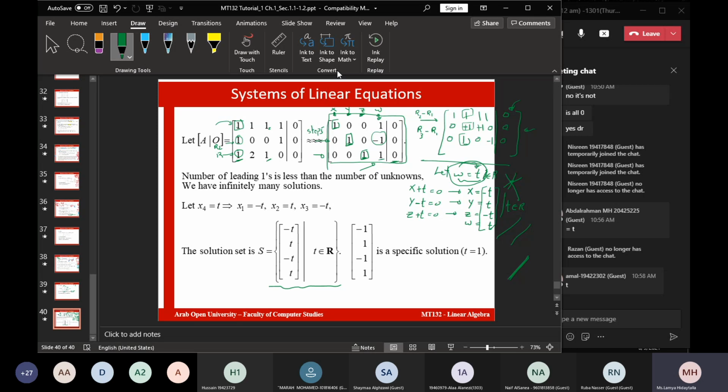Then now, come to the columns. Does this column have a leading one?